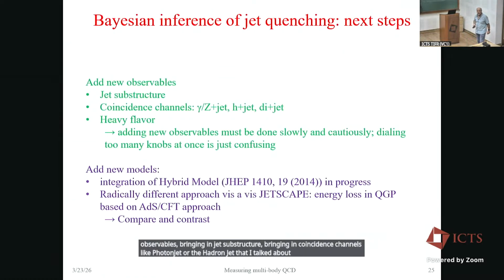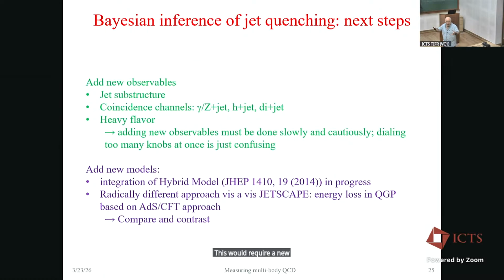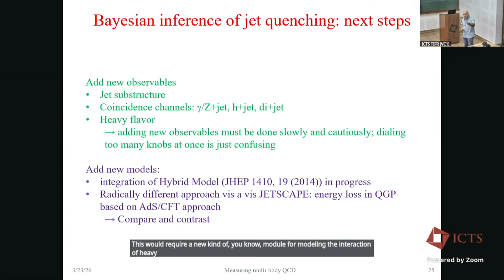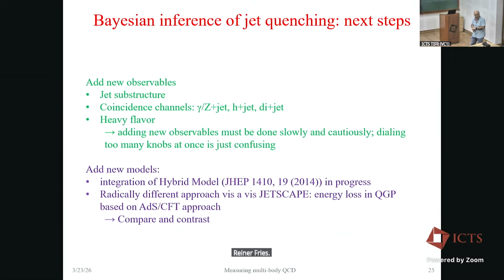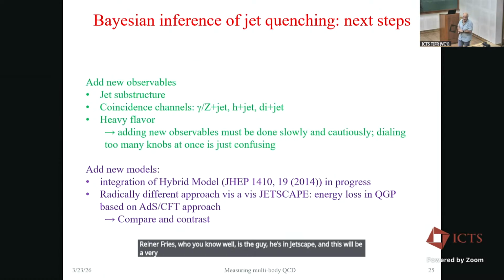Heavy flavor, which I mentioned yesterday, is also exceedingly interesting to bring in. This would require a new kind of module for modeling the interaction of heavy flavor with the medium. Rainer Fries, who you know well, is the guy who's in JETSCAPE, and this would be a very interesting addition, I think, to this whole framework.